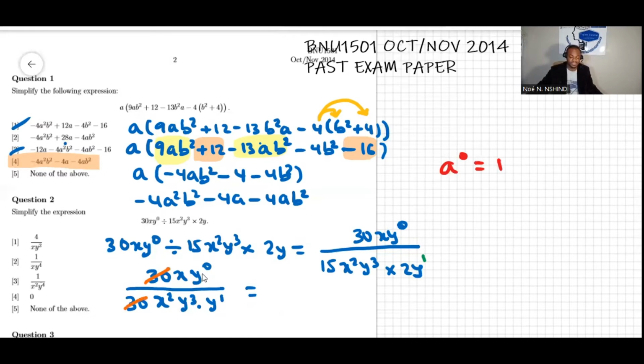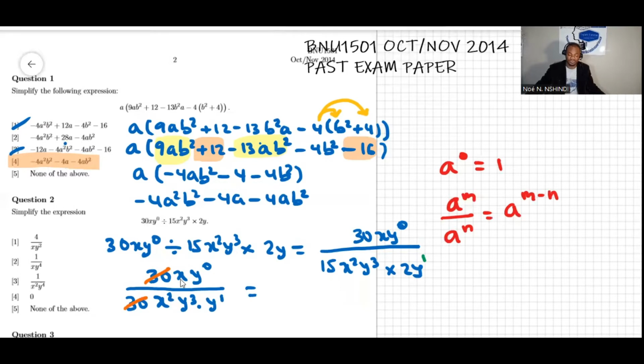And now another rule says that when you have a to the power of m over a to the power of n, when they have the same base, this is equal to a to the m minus n. But be careful, always consider the highest exponent, because the highest exponent is at the denominator, okay?